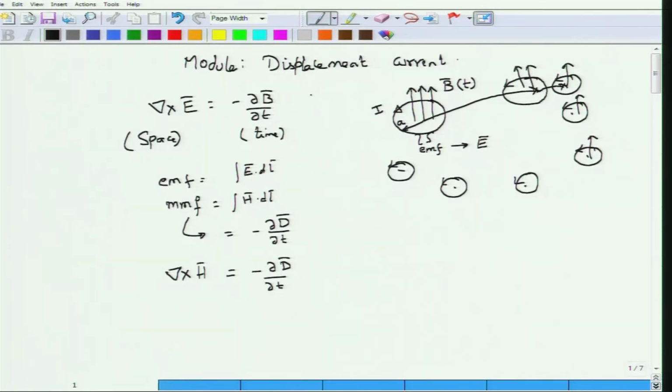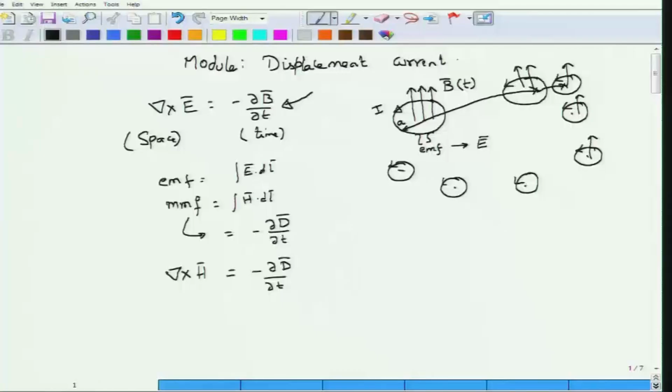In Faraday's law, the quantity we were interested in was the magnetic flux, and magnetic flux depends on B. So by analogy here, we have used electric flux, and we have also kept a minus sign, but sign is just a convention to determine whether EMF is positive in a given sense or not. So the sign is not very important for us, but the important point is: if there is time variation of the electric flux density, will it induce space variation of the magnetic field?